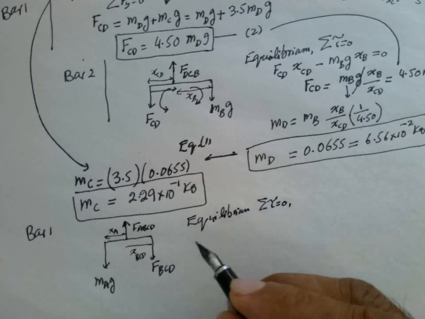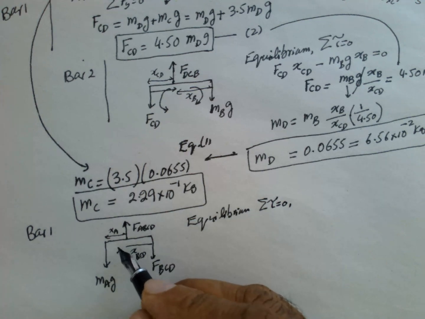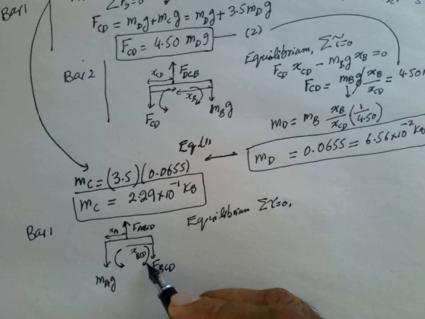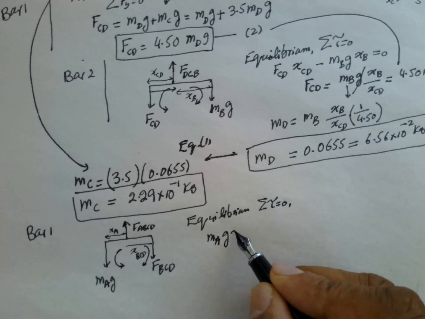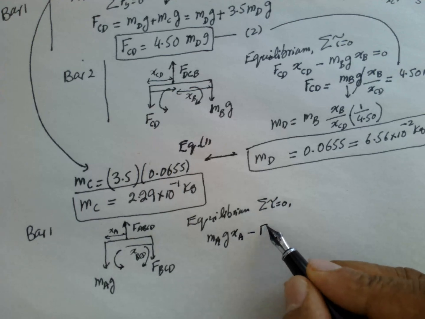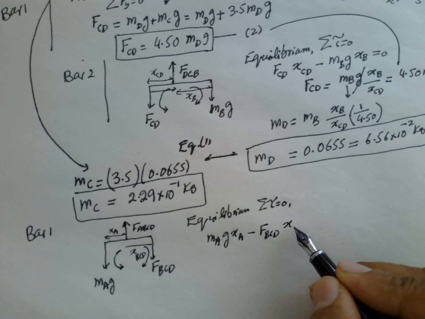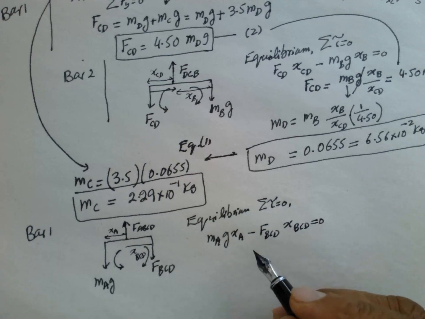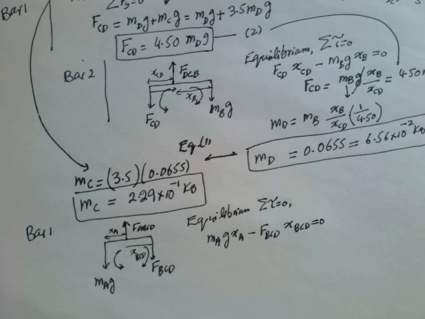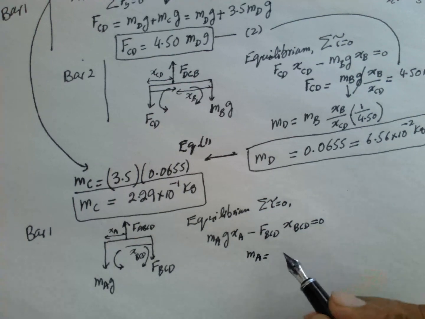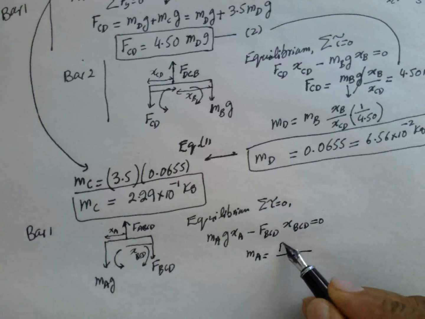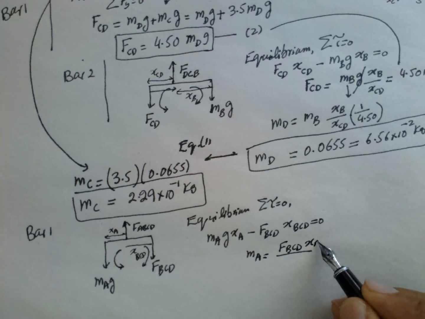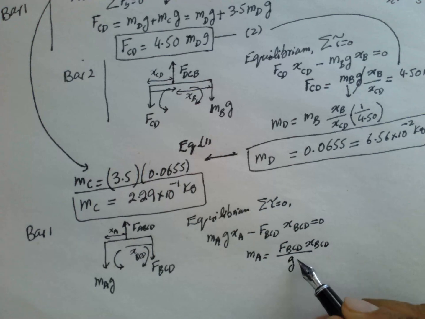The pivot is this one, with zero contribution. This is positive, this is negative. So MAG times XA minus FBCD times X of BCD is equal to 0. So from here, MA is equal to F of BCD times X of BCD over G XA.